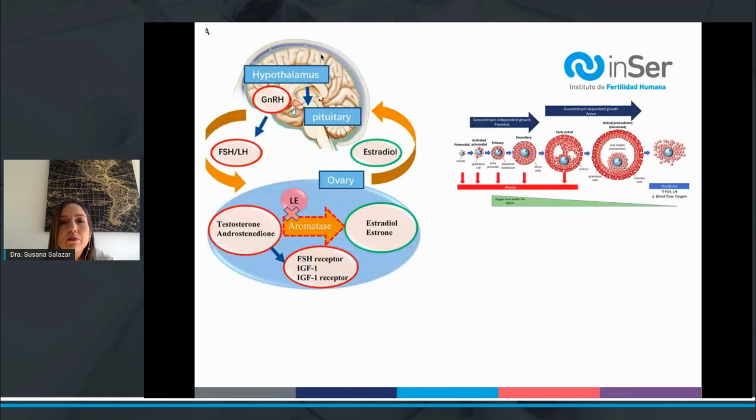When aromatase is blocked, androgens cannot be converted to estrogens, thereby creating a low estrogen state, releasing the hypothalamic pituitary axis from the negative feedback of estrogen, increasing FSH secretion.